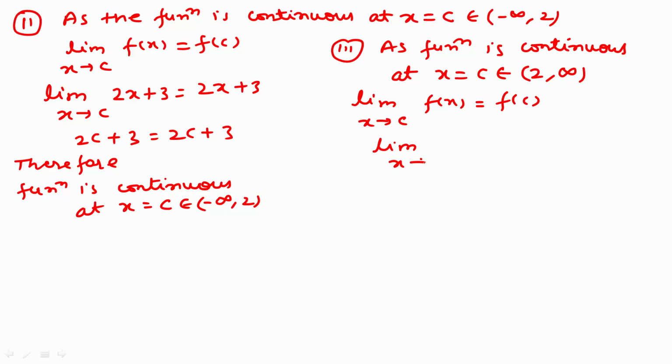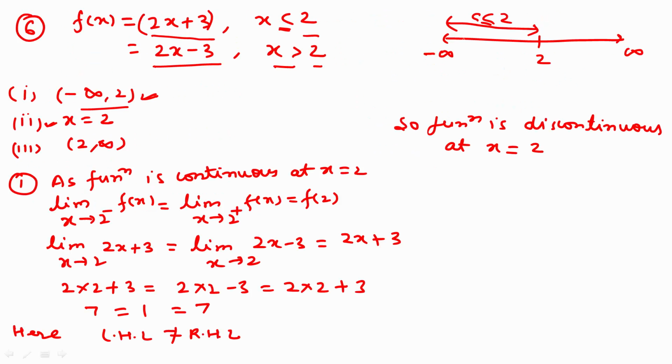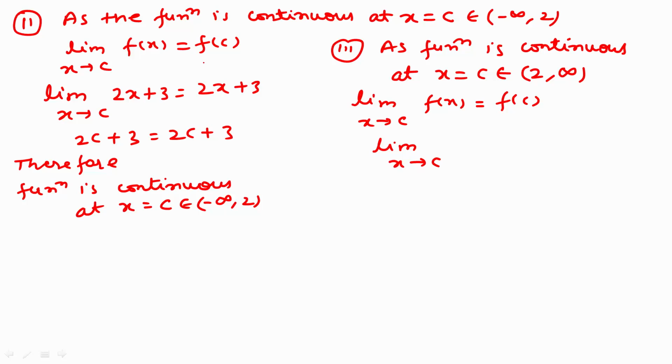Limit x tends to c, the function will be, here is your open interval 2 to infinity, and in this case or in this interval c is always greater than or equal to 2. So when c is always greater than or equal to 2, we will take the function 2x minus 3. So function will be 2x minus 3 is equal to 2x minus 3. On taking limit, 2c minus 3 is equal to 2c minus 3.